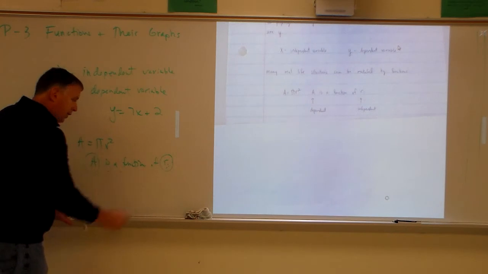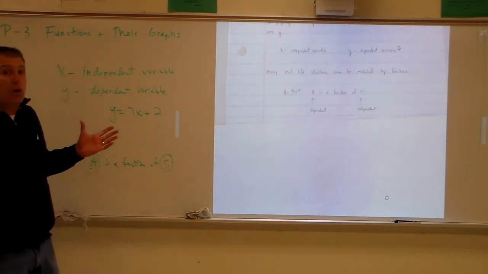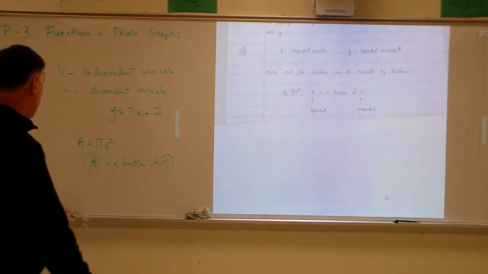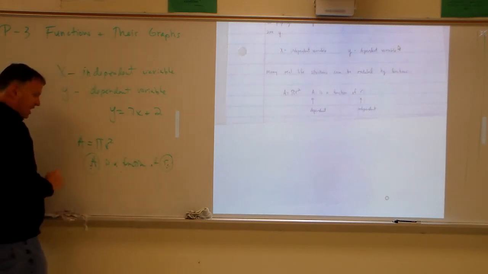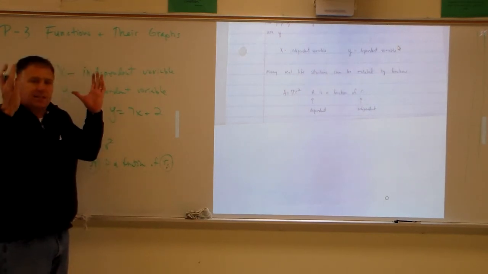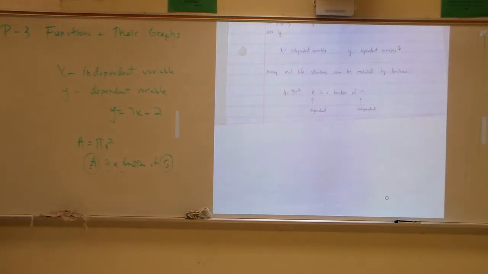The smaller the radius, the smaller the area. That's what it means when they say is a function of. The area depends on the radius. So this is dependent, this is independent. You pick a bunch of different radiuses, you'll find a bunch of different areas. So that's what dependent and independent variables mean.